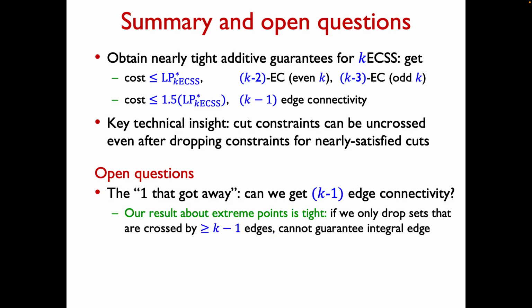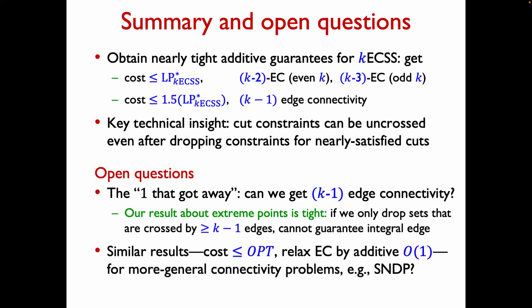To get this k minus 1, one would have to do something more than what we do, because you cannot argue that there's always an integral edge if your rule for dropping is more strict, that you drop sets only when they're crossed by at least k minus 1 edges.